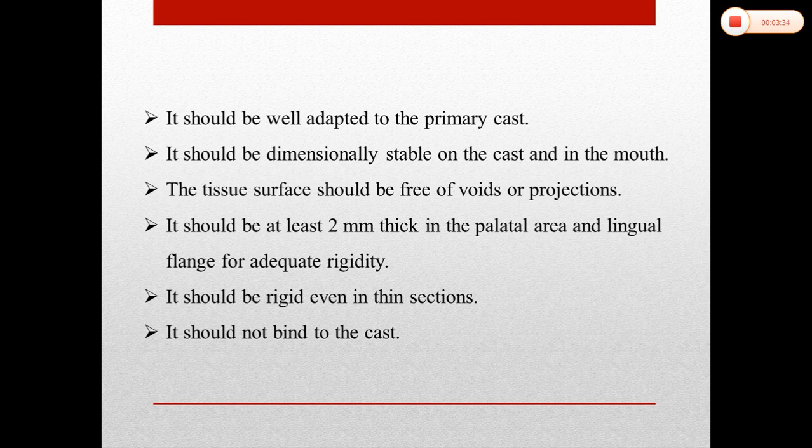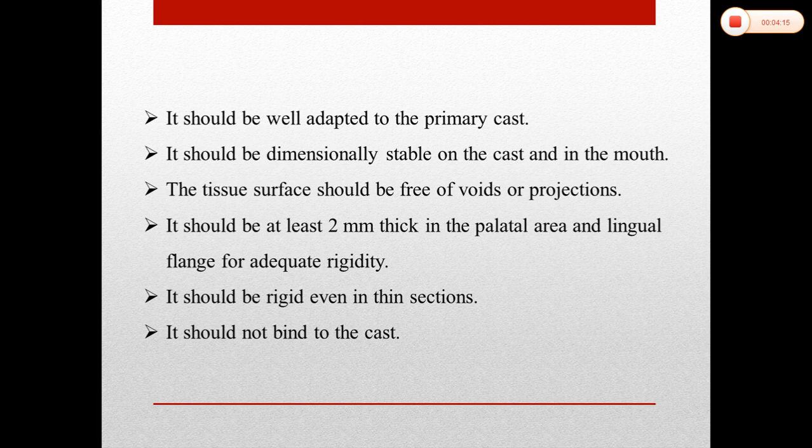The trays we get from the market are not made according to the dimensions of the particular maxillary or mandibular arch of the patient. It doesn't suit the patient. So the preliminary impression we make for the patient is with the help of a stock tray. Once we make that preliminary impression, that is a negative likeness of the tissues.